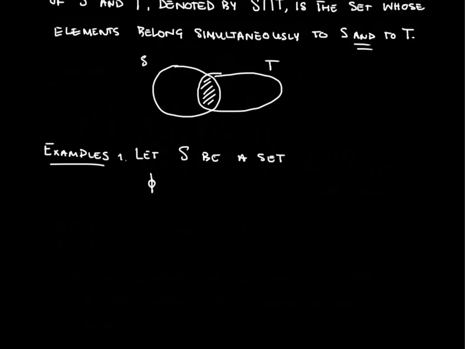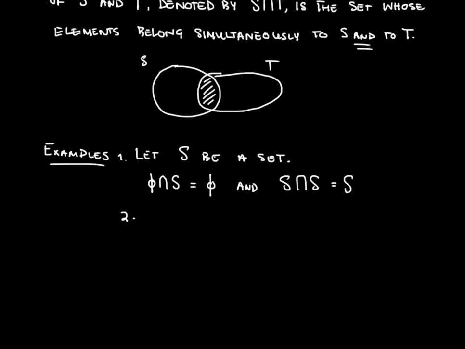The empty set intersection S is equal to the empty set, because for any set S, it doesn't have any elements in common with the empty set, so its intersection with the empty set is the empty set. Now, if you take the intersection of S and itself, it's going to give you the set in question.